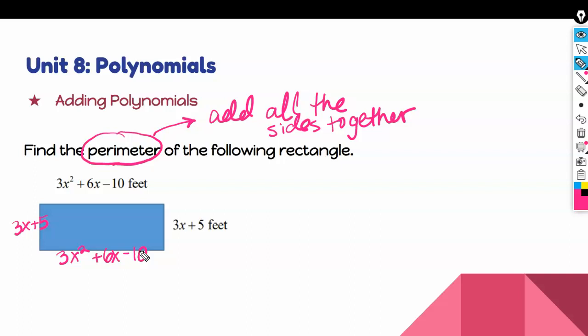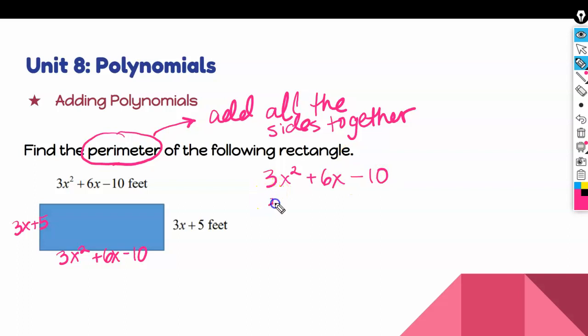If you remember how we did this when we first learned how to add polynomials, we stacked and put the like terms over each other. So I'm going to start out with 3x squared plus 6x minus 10.